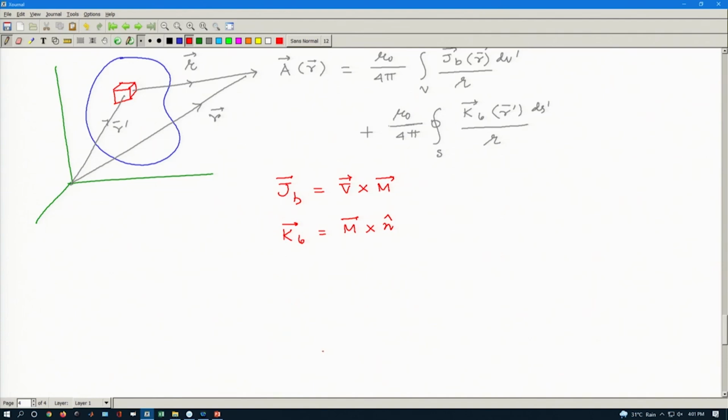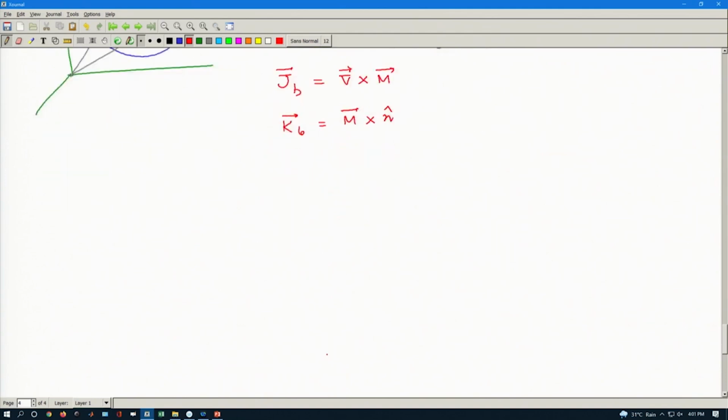So, today we are going to understand the concept and the physical interpretation. Today's lecture will be on the concept of bound currents.